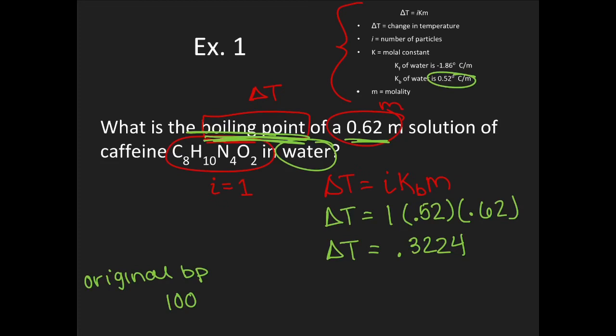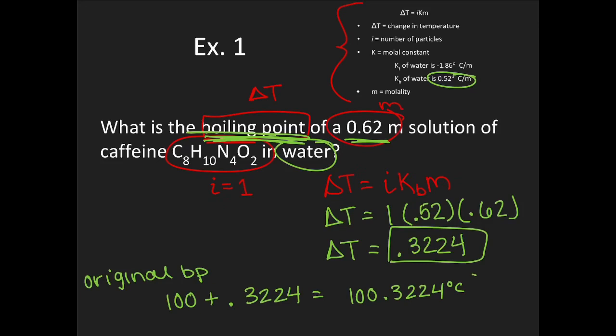So boiling point elevation, that means that this right here is how much it increased. So 100 plus 0.3224. This answer is positive, so we are going to add it. So your new boiling point would be 100.3224 degrees Celsius. All right.